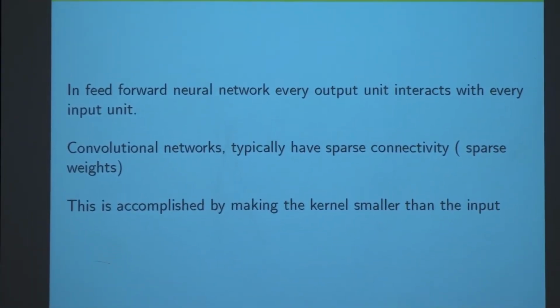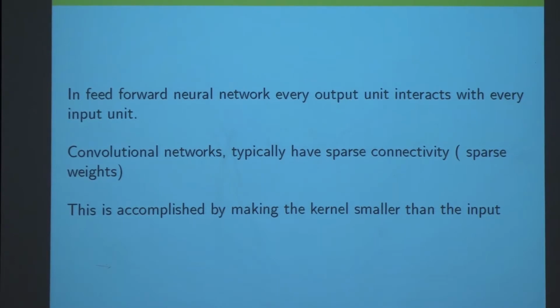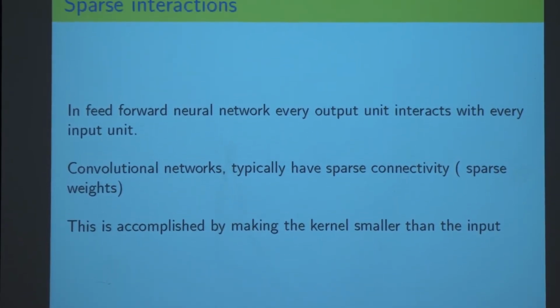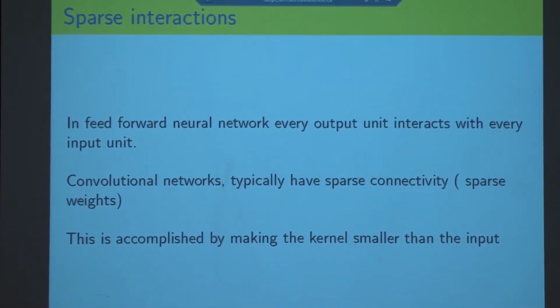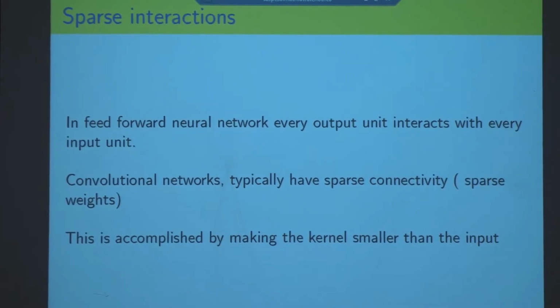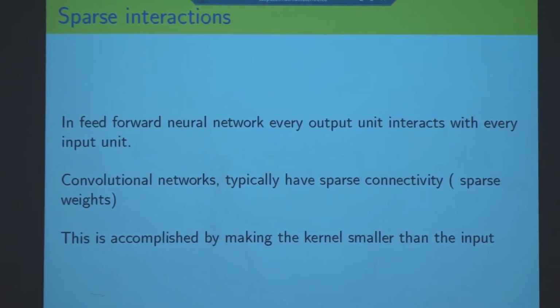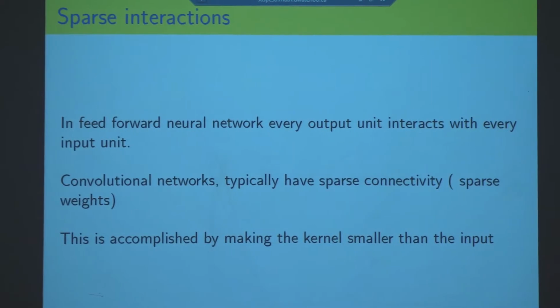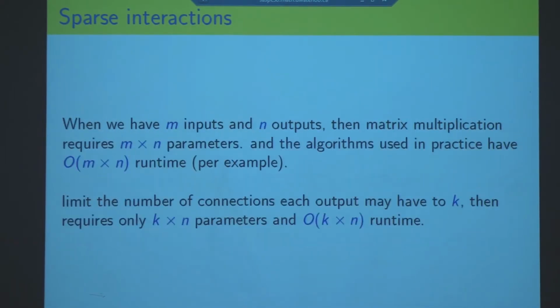that we are going to get rid of many of these weights, many of these connections, many of these links. In a feed-forward neural network, if you have n units here and m units here, the number of links would be n times m.